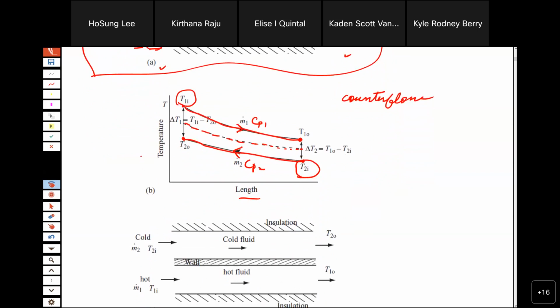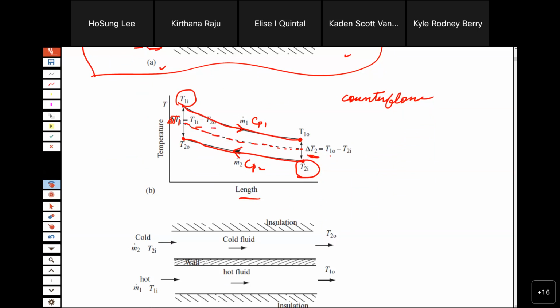Once we have the distribution, we define delta T1 as the difference. Don't confuse this 1 and 2 I'm using, it is not a subscript for hot and cold. The left side is 1, the right side is 2. So the difference is T1I minus T2 out.